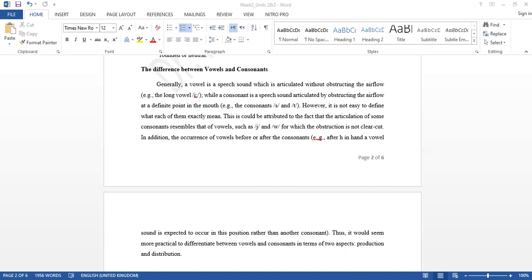So what happens is that they just approach each other. This is for approximants or gliding consonants. Now, if you look at the production of any vowel sound, for example, the long vowel i, or the short vowel a, or the long vowel a, here we can see, or we can feel actually, that there is no definite obstruction to the flow of air.